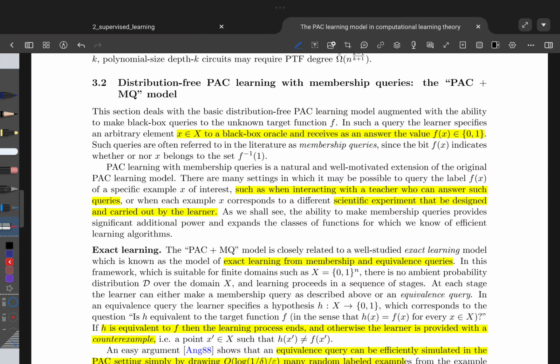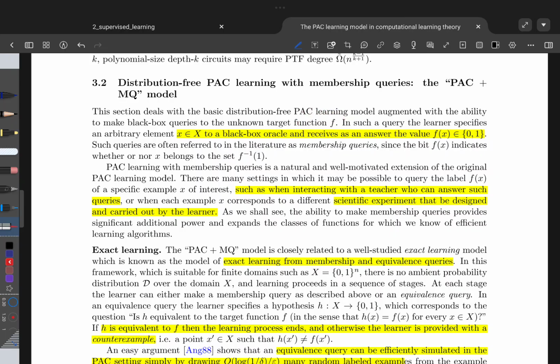So the data set consists of random strings and their function evaluations. But in addition, the learning algorithm is allowed to ask what is the value of the function on specific strings that it wants to find. And hopefully this can only help.